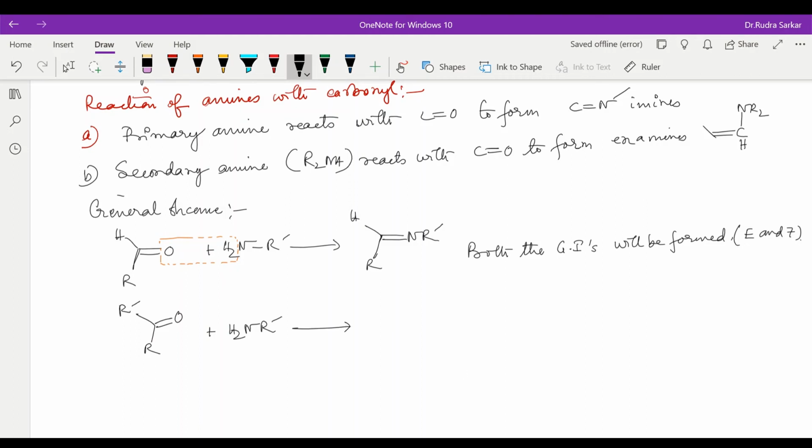Then also take out water and think that both the GIs will be formed, that is E and Z.